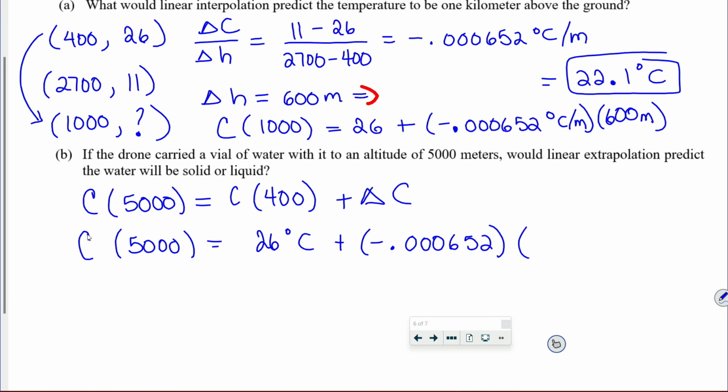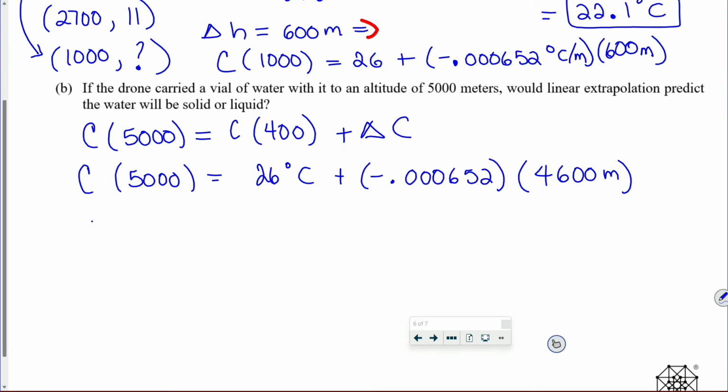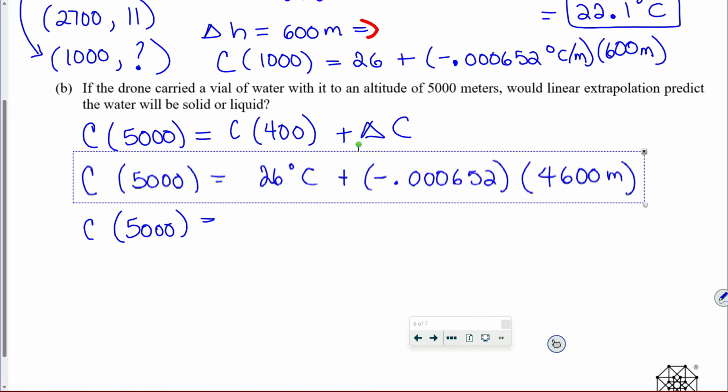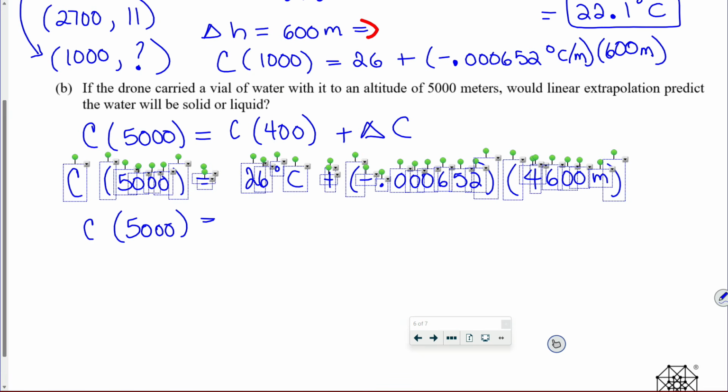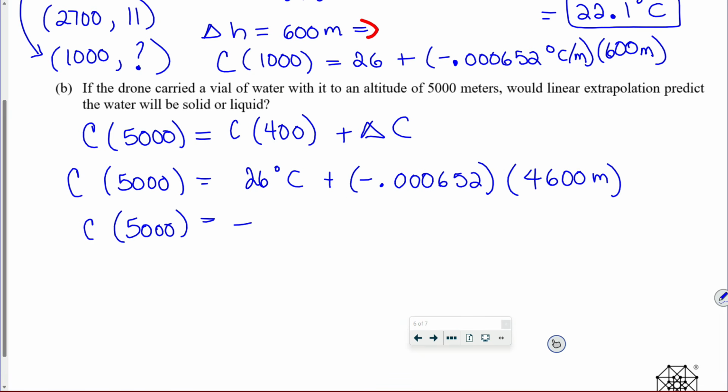All right, and the change then in my elevation is going to be 4,600 meters between the two. Okay, so when I crank through all of those numbers, the Celsius temperature at 5,000 then ends up being negative, whoops, sorry about that, negative 3.992 degrees Celsius.